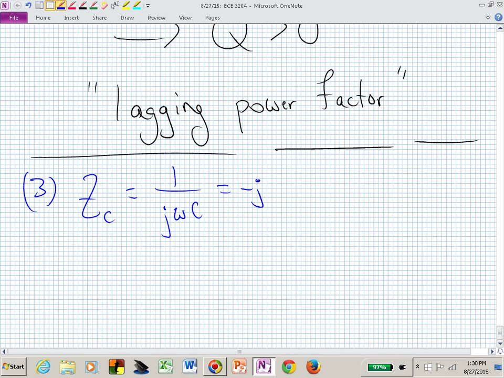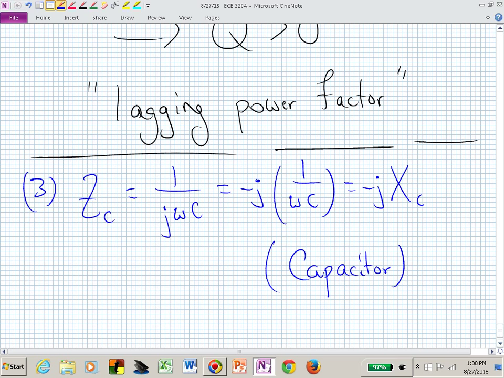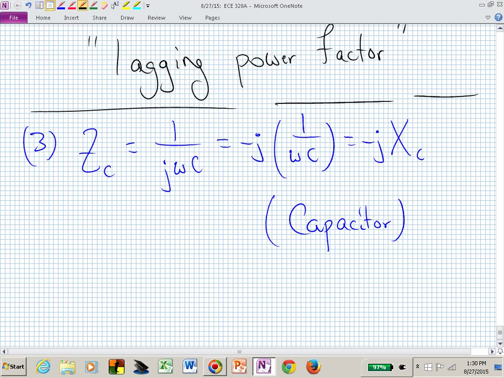That's a minus, and I'll just put that minus sign up. I now have minus j 1 over omega c, or this is now minus j x sub c, for a capacitor. And now with ICE, we know that the current leads the voltage.